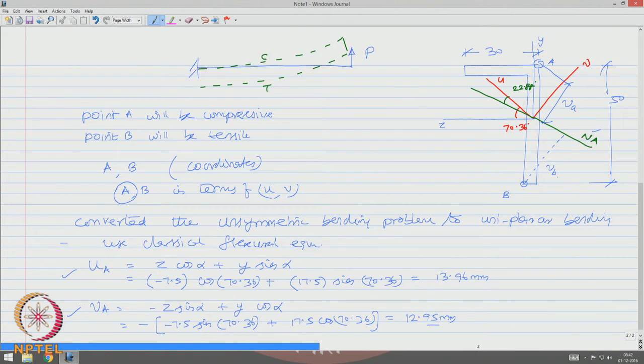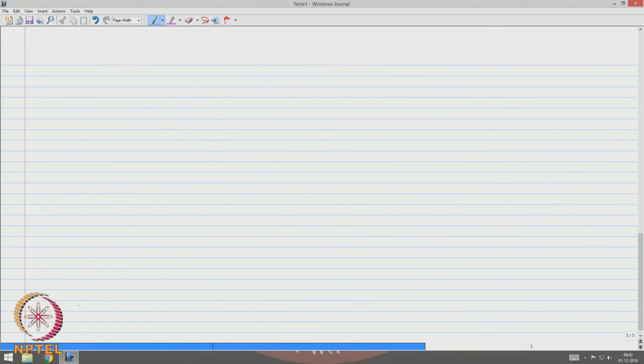I can now find the stress at A. So, stress at A is now minus Mu by Iu into V A plus Mv by Iv into U A. Let us substitute this.